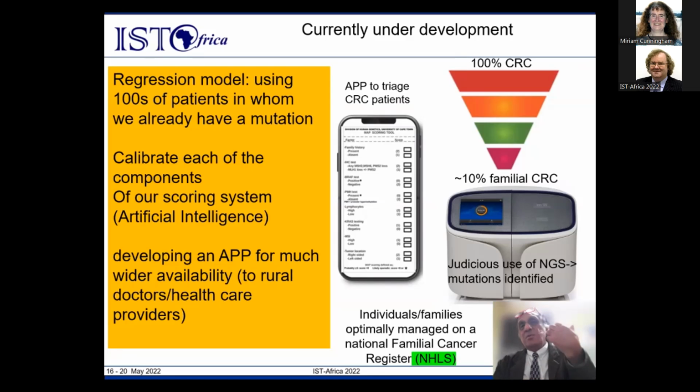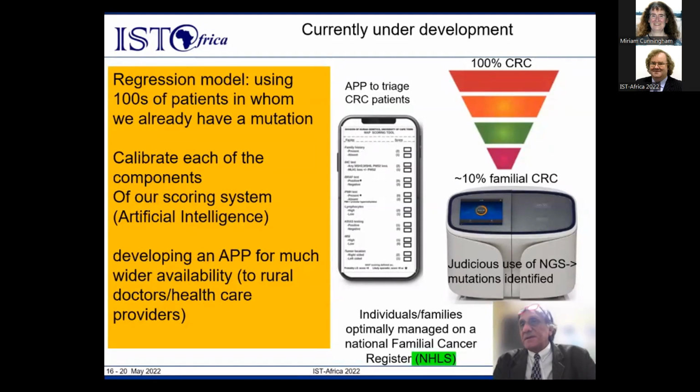It is then with this kind of scoring system, colleagues, that we would arbitrarily screen all 100% of colorectal cancer patients we're likely to be seeing, and then subject them to scoring, and then enrich for those individuals who are very likely to have the disease-causing mutations, and ultimately to get this coming through the next generation sequencer and provide genetic testing and afford the families appropriate management in terms of reducing disease in those lineages.